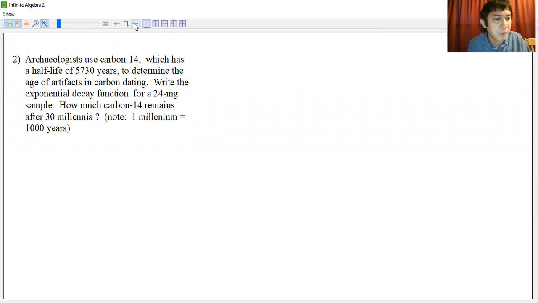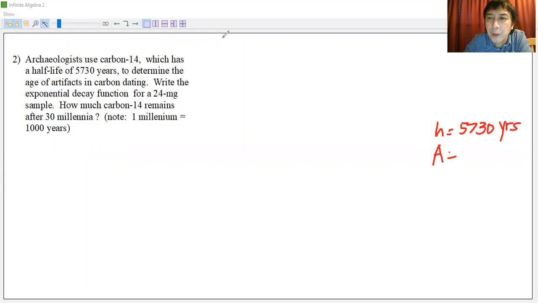All right, so we will use the same formula. Let's have the given first. Half-life is 5,730 years. Our initial amount is 24 milligrams.